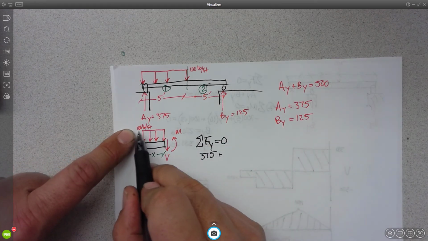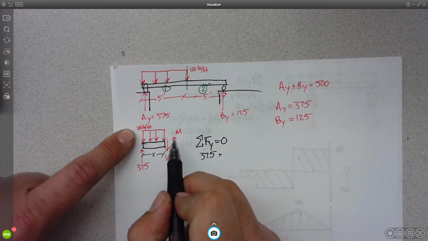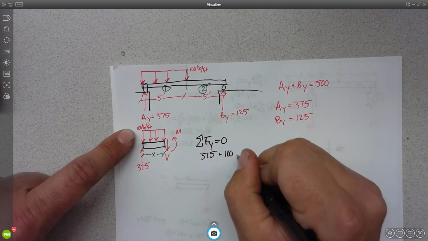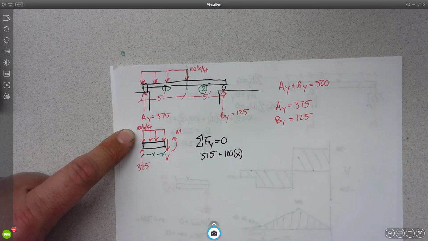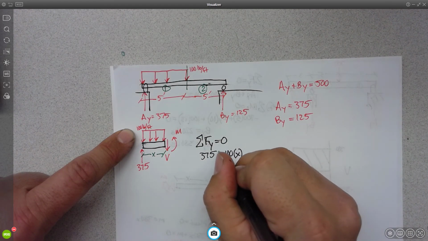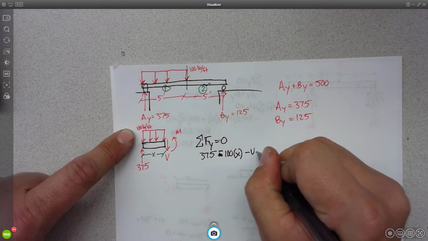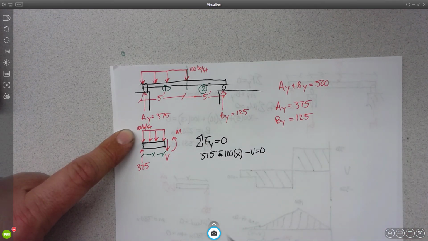Yeah, it's the 100 pounds per foot times the number of feet, right? So in this case, that's x. So we have 100 times x, and I should change this to be down, right? It's not plus, it's down. So minus 100x minus v equals 0.